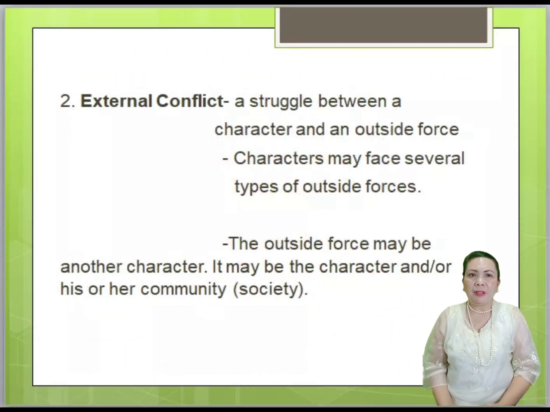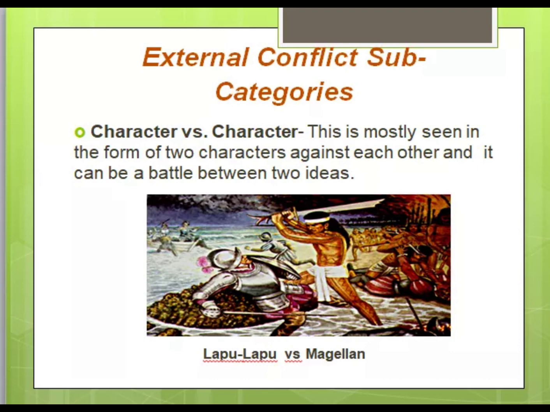Another type of conflict is external conflict. This is a struggle between a character and the outside force. Characters may face several types of outside forces. The outside force may be another character, or it may be a character and his or her community or society.